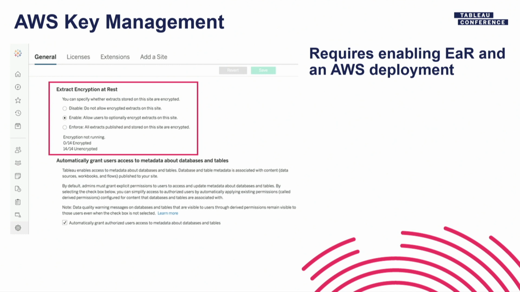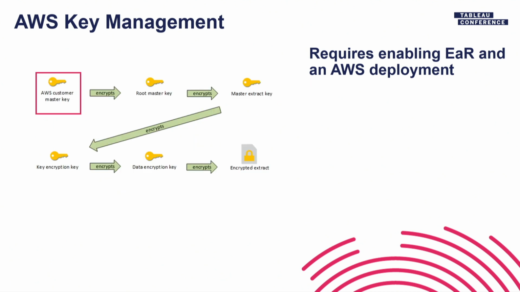This provides a couple benefits. So I'm not going to go into detail about exactly what's happening here. This is essentially the sequence of keys that are used to encrypt your extracts locally. There's a separate talk that goes into great detail about this.